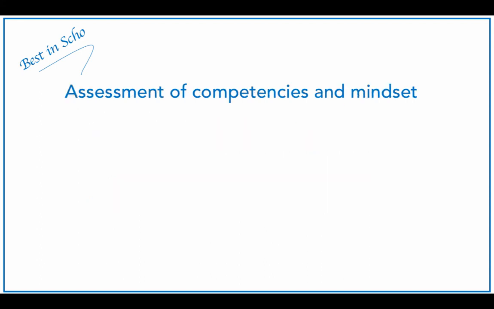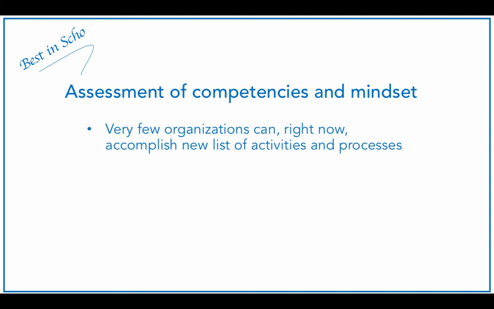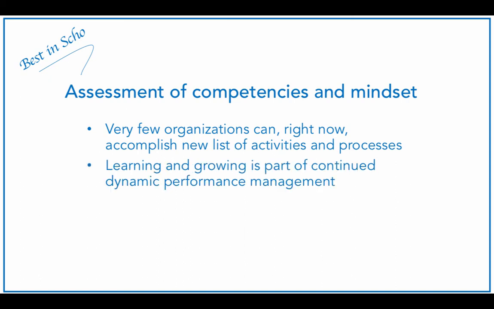This brings us to the final step, assessment of competencies and mindset. By mindset here, I'm referring to a climate of action where people come to work enabled, empowered, and motivated to help the organization succeed. Very few organizations, if any, can, right now anyway, accomplish the new list of activities and processes that has been developed.